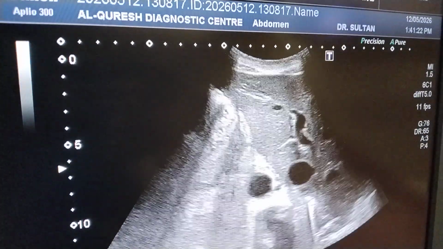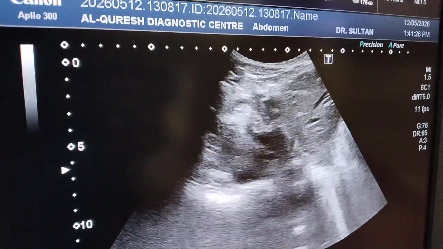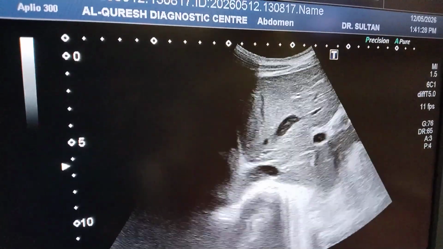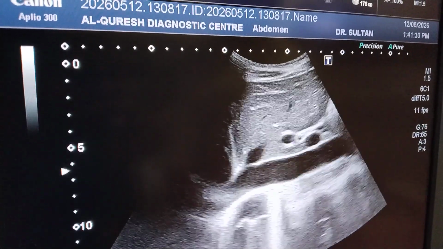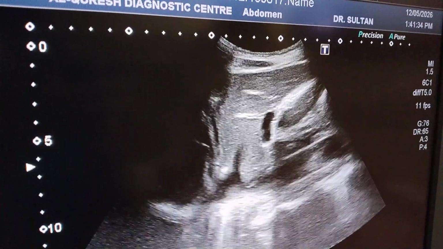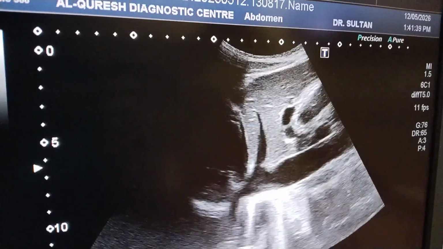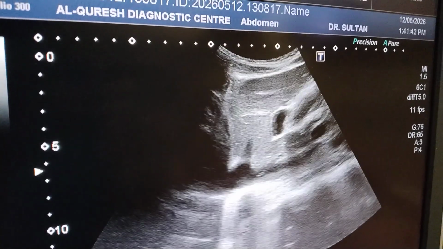So, only I want to tell you that when we appreciate the non-responsive IVC, which is dilated also, and the hepatic veins are dilated, we should also know about the cause of this thing.